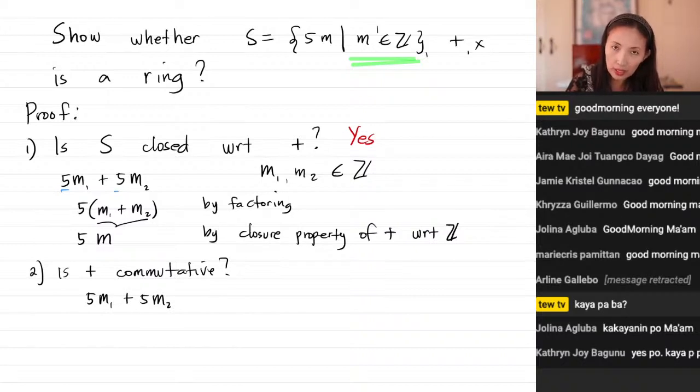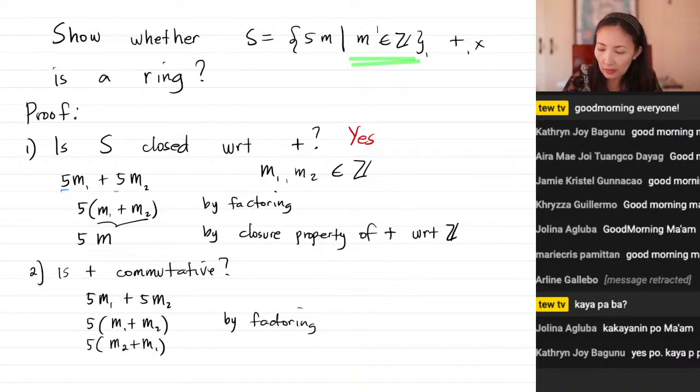So how shall we do that? Do some algebraic manipulation. 5 times m1 plus m2. Again, reason here: by factoring. Next, I could interchange m1 and m2's places. I could write this as m2 plus m1.